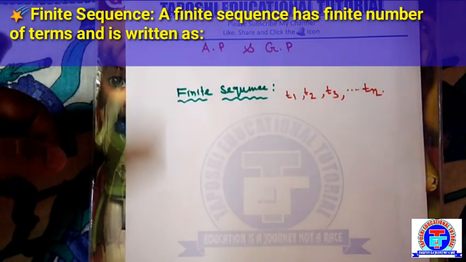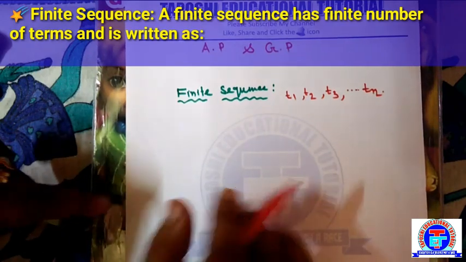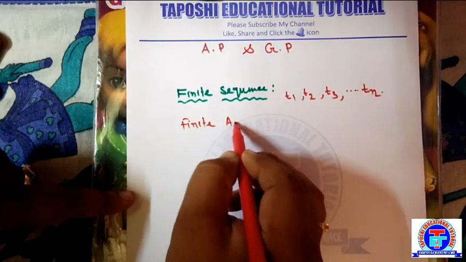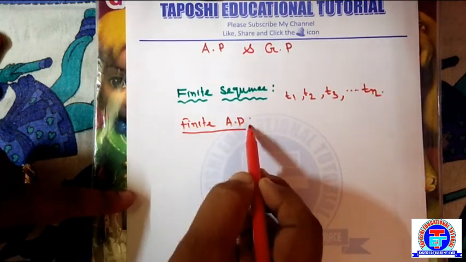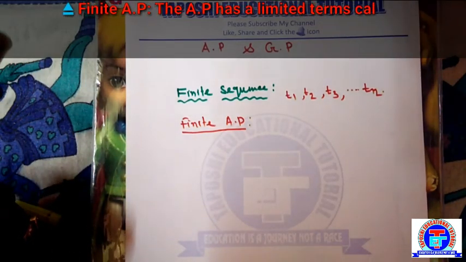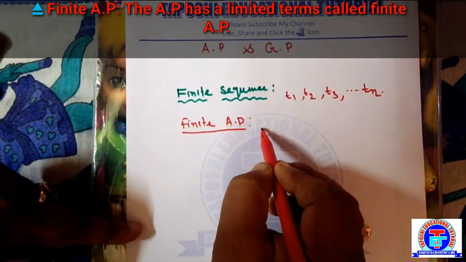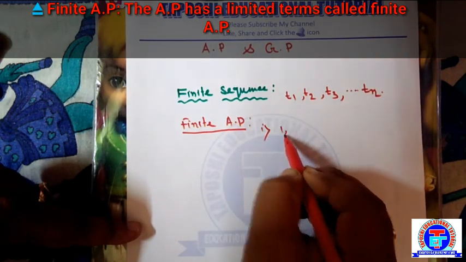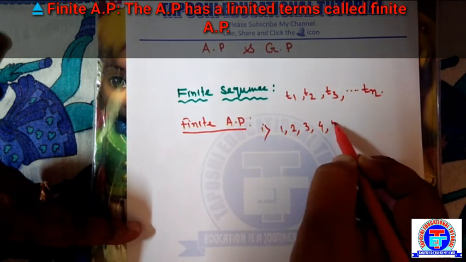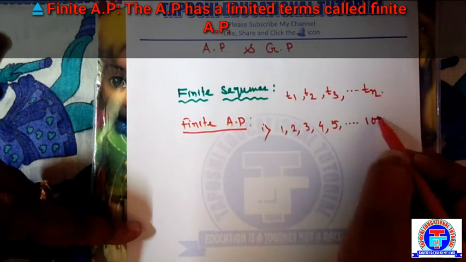So here we also understand a finite A.P. An A.P. that has limited terms is called a finite A.P. Here, example number 1: 1, 2, 3, 4, 5, up to 100.